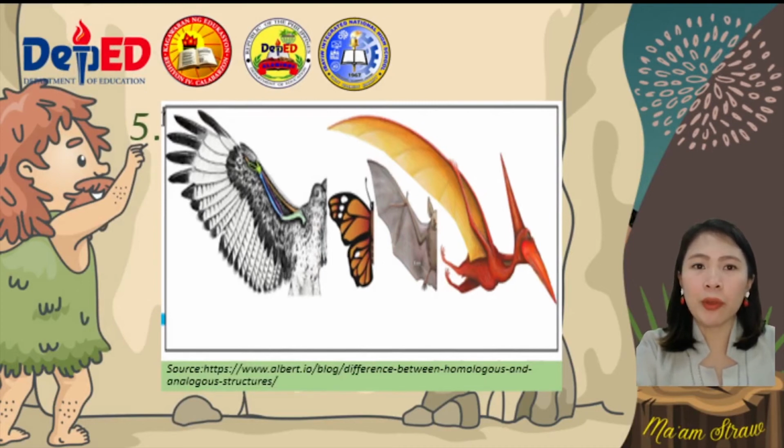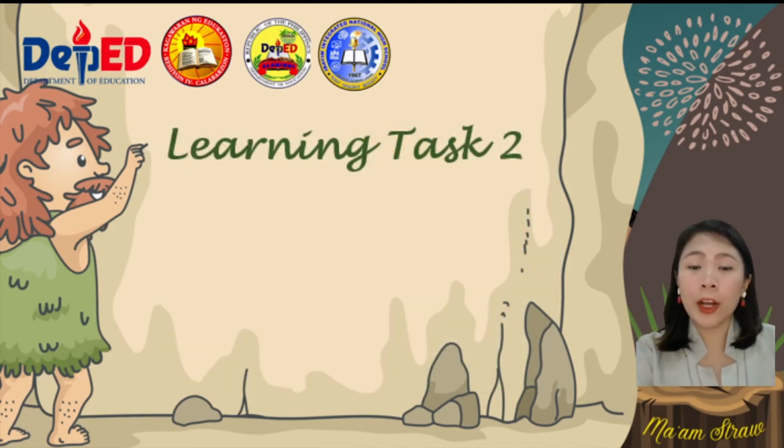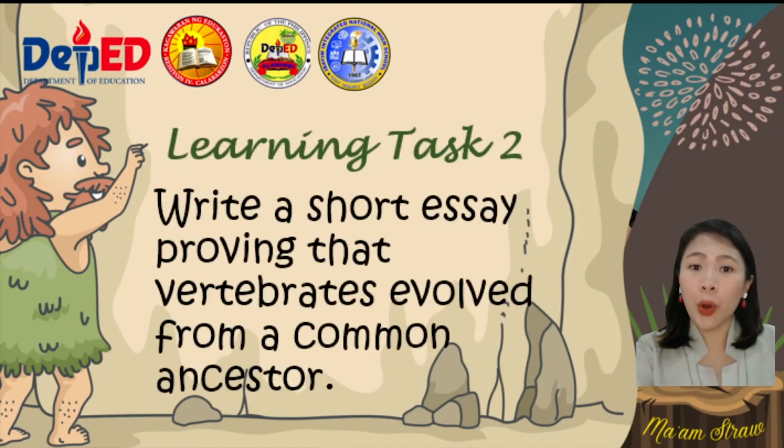Again, you are going to decide whether the anatomical structures are examples of homologous or analogous structures. Then for our learning task number 2, you are going to write a short essay proving that vertebrates evolved from a common ancestor.